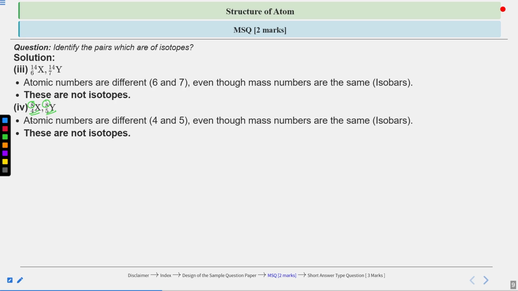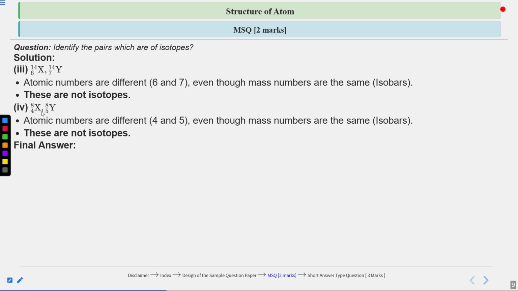So remember, students, if you are saying that they are isobars, the only thing true is that their mass number is the same, but their numbers of neutrons and protons will vary. Remember this point. It is very important. So for isobars, they have neither an equal number of protons nor an equal number of neutrons.